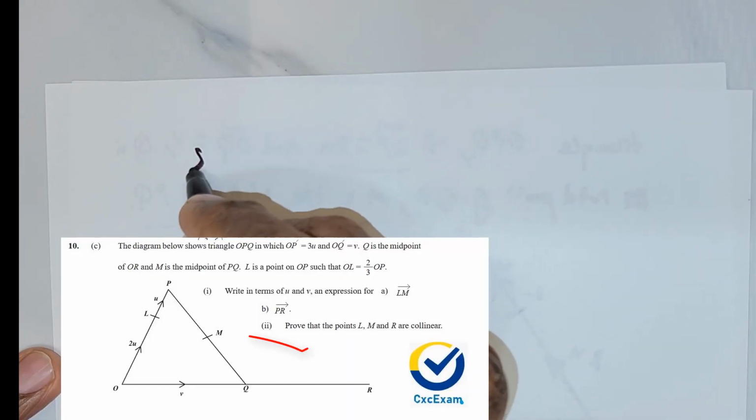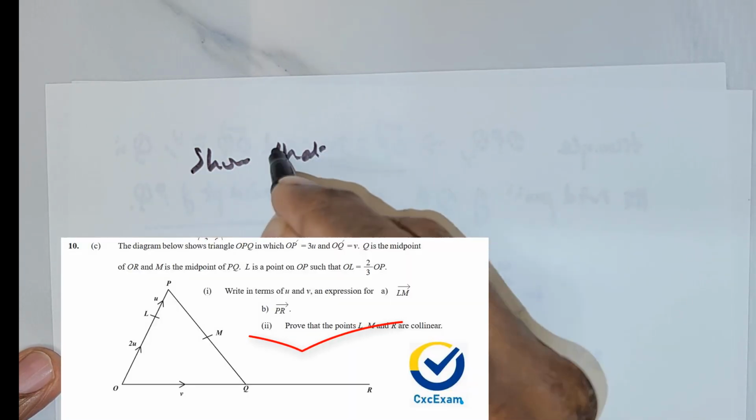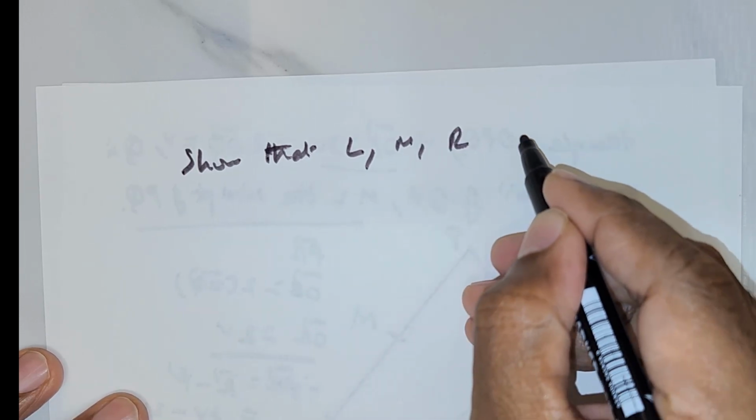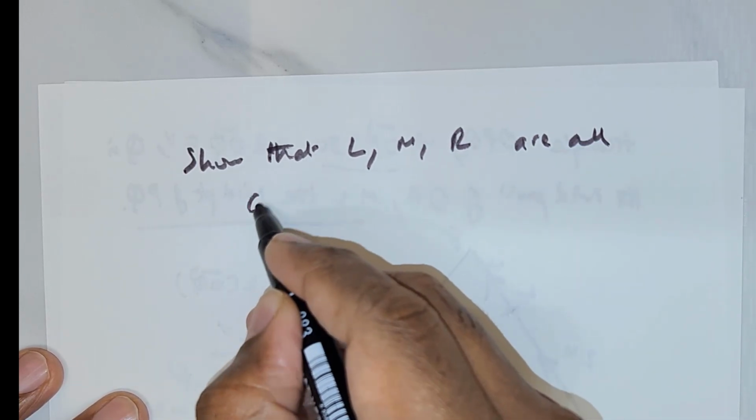Okay, this is the next question. We are asked to show that LMR are all collinear.